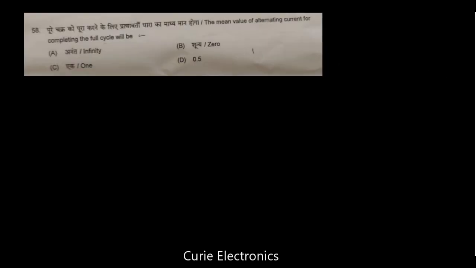Question number 58. The mean value of the alternating current for completing the full cycle will be? The full cycle is given, so if you take the average value over this full cycle, it is going to be 0.